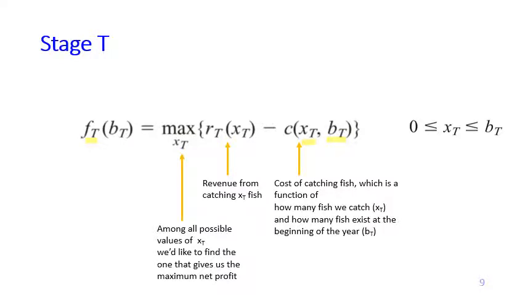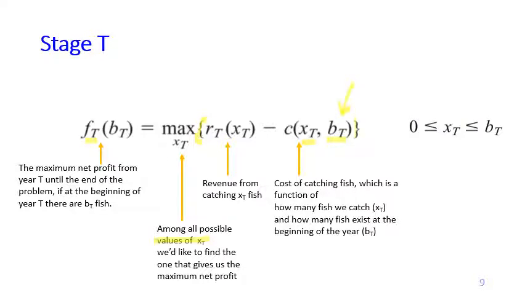And then here you have the curly bracket, and then you write down xT here, which means that among all possible values of xT, among all possible values of fish that you can catch, we would like to find the one that gives us the maximum net profit. Okay, so imagine you may catch 0, 1, 2, 3, 4, 5 up to bT fish, and here the curly brackets mean that among all those possible numbers, we would like to find the one that gives us the maximum profit.